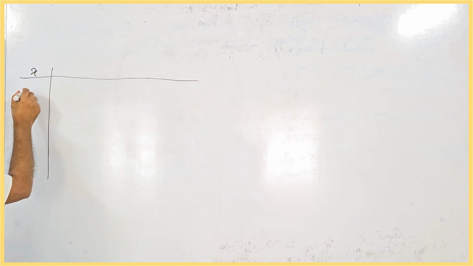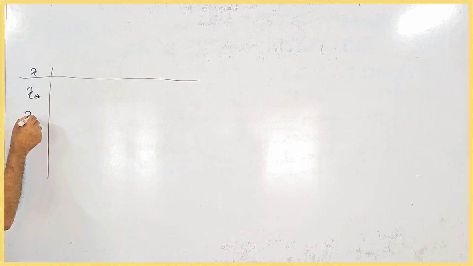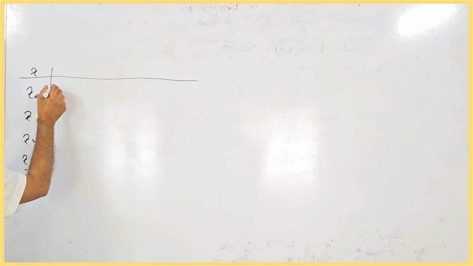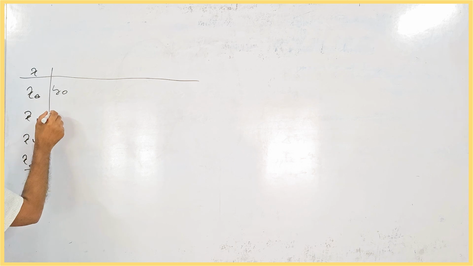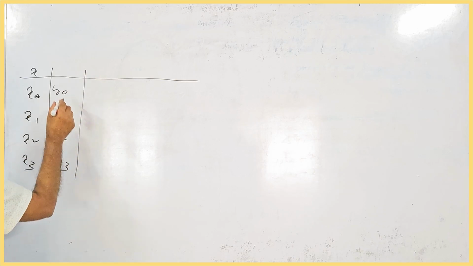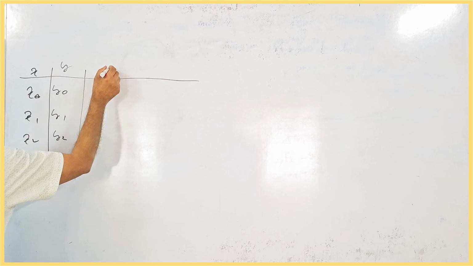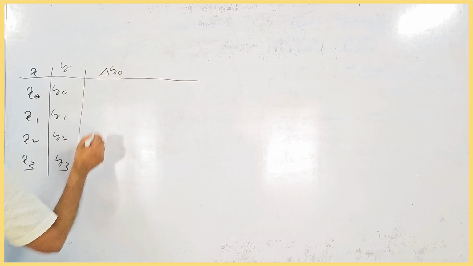Say these are the values of x. It takes the values x0, x1, x2, x3. I am writing just 4 values. And the corresponding values of y are y0, y1, y2, and y3. Now I will obtain the first difference.